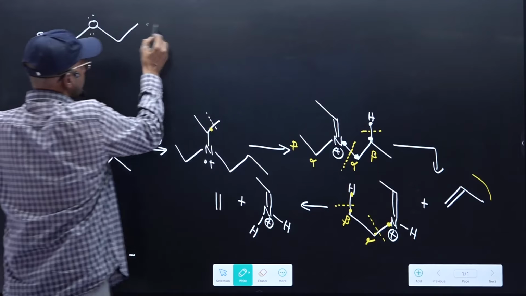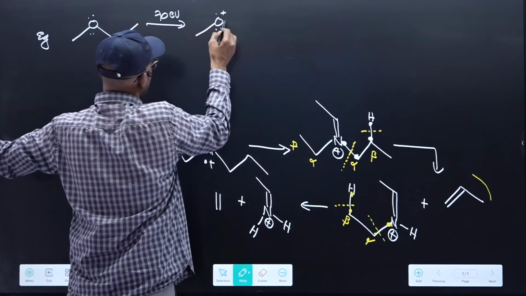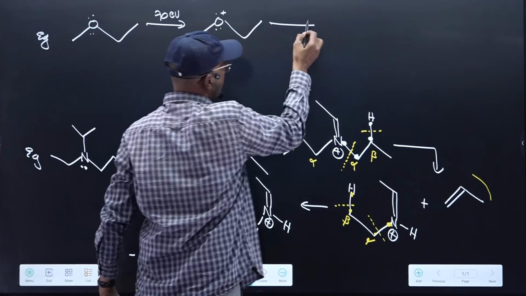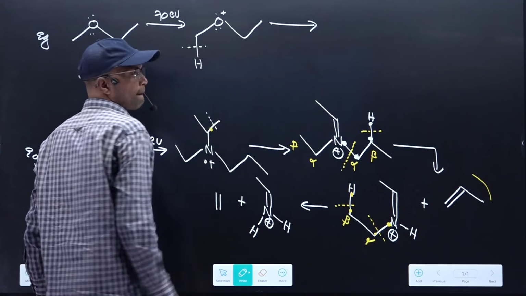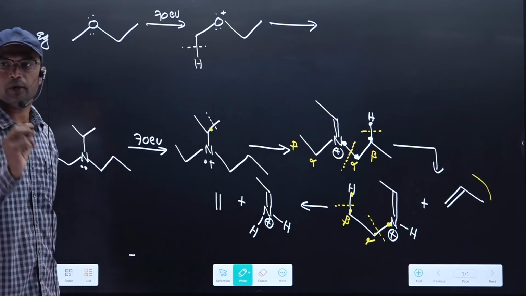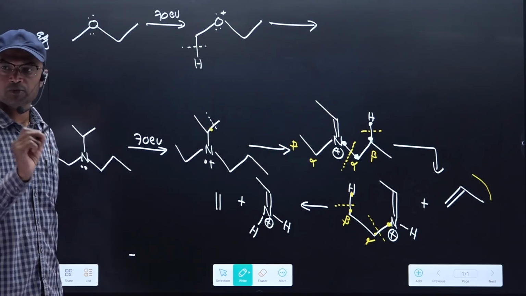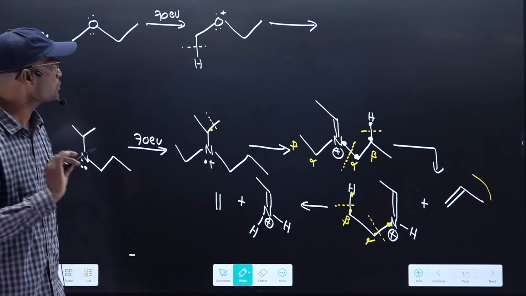This is lone pair. At 70 electron volts, there is a formation of a radical cation like this. Now, here if I remove one hydrogen here, what is this fission? Beta homolysis. That you need to identify. Which is alpha bond, which is beta bond, which is type of fission. If you identify, almost all concept is closed.